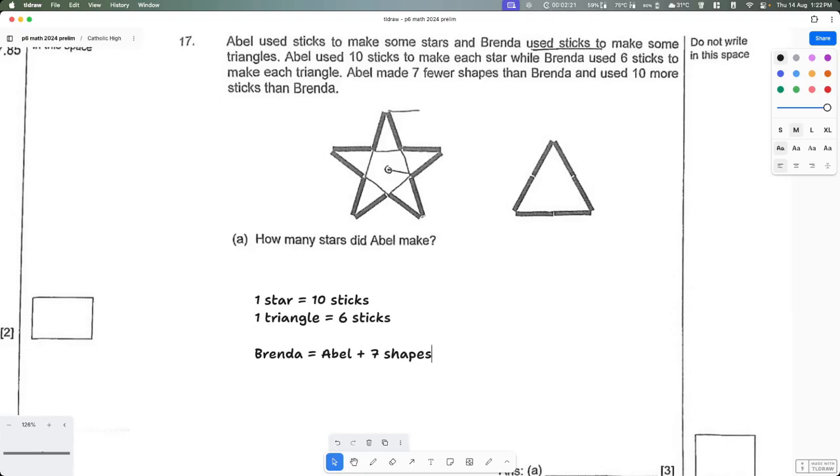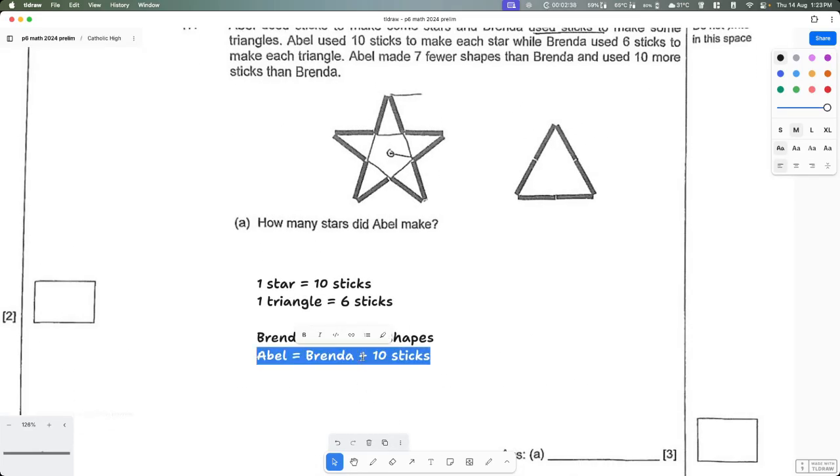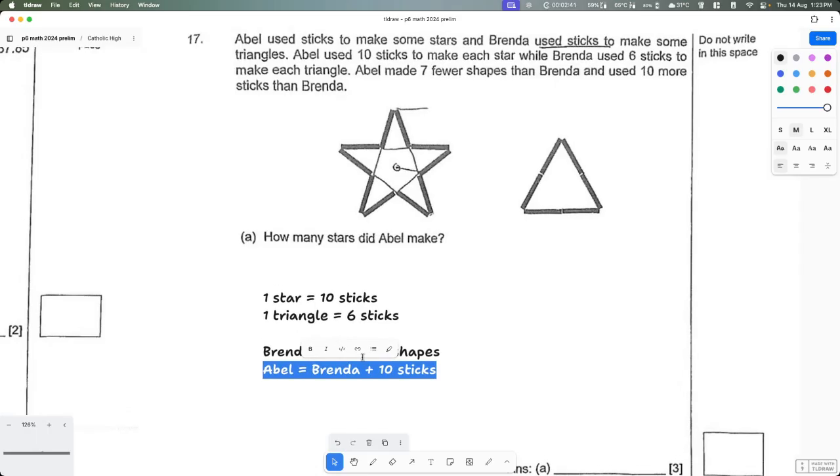And Abel used 10 more sticks than Brenda, so Brenda, in terms of sticks, is minus 10. We will just keep this first, because we need to know the total number of sticks over here.